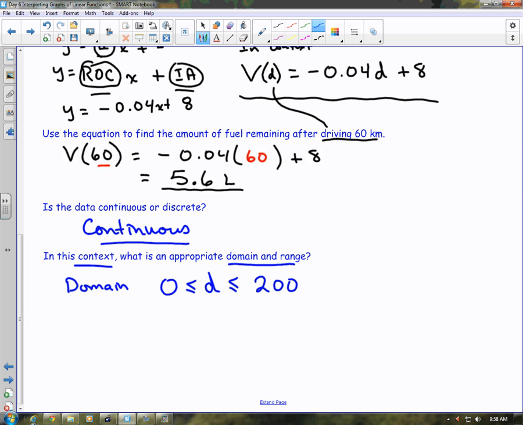We could also say that the distance belongs to the set of real numbers. It's not necessary because it's there by default, because we can travel any decimal value for distance. But here's the restriction: the D has to be between 0 and 200. And that's what the graph shows us.